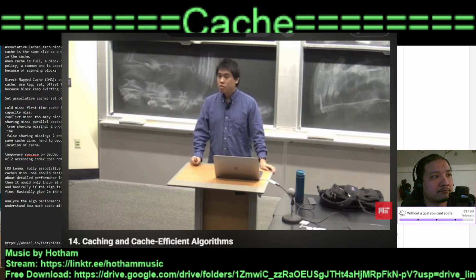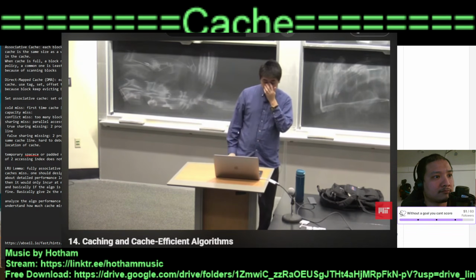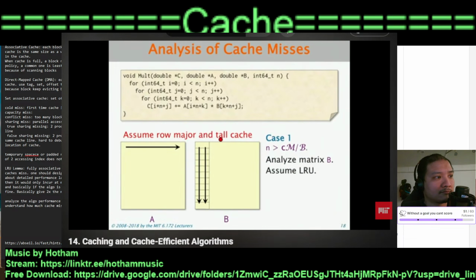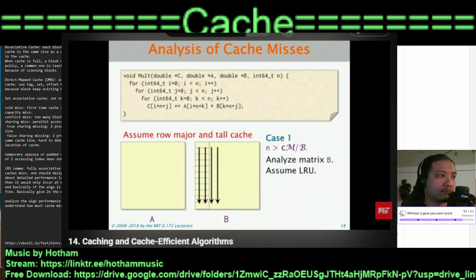Because the topmost block has already been evicted. Yeah, so it's still going to be n because I can't fit one cache block from each row into my cache. And by the time I get back to the top of my matrix B, the top block has already been evicted from the cache, and I have to load it back in. And this is the same for every other block that I access. So I'm again going to need n cache misses for the second column of B. And this is going to be the same for all of the columns of B.